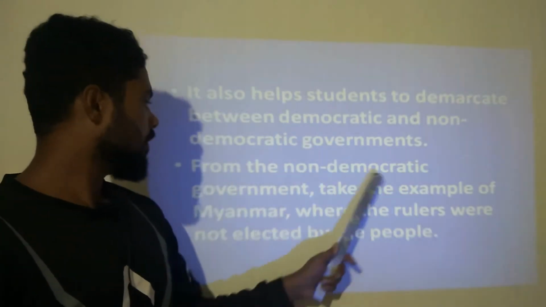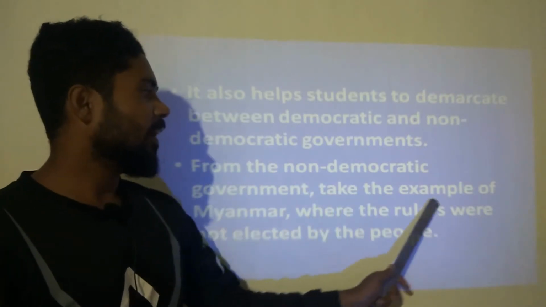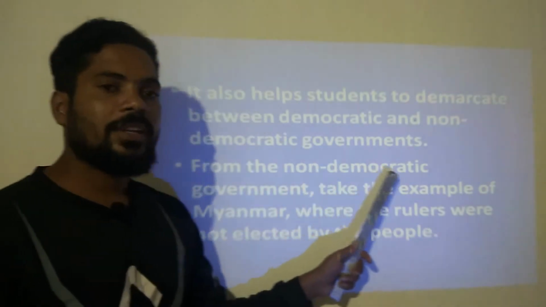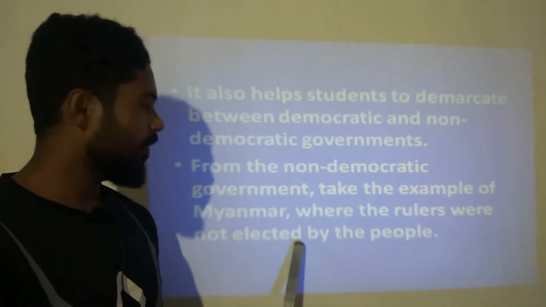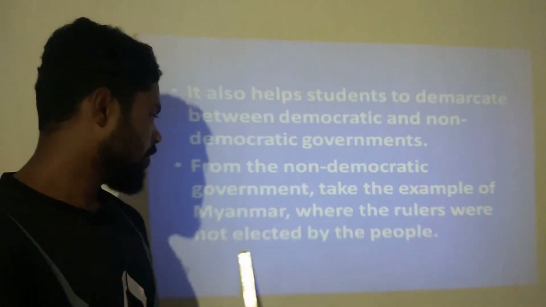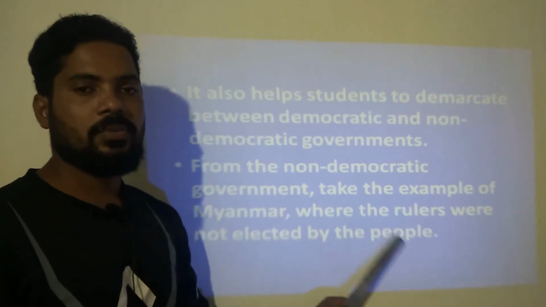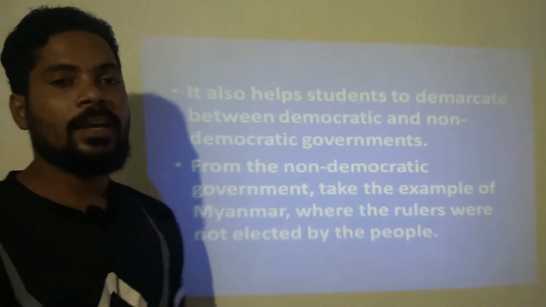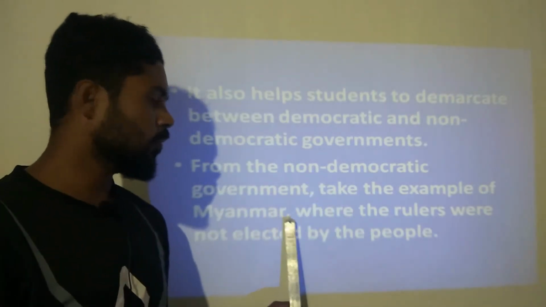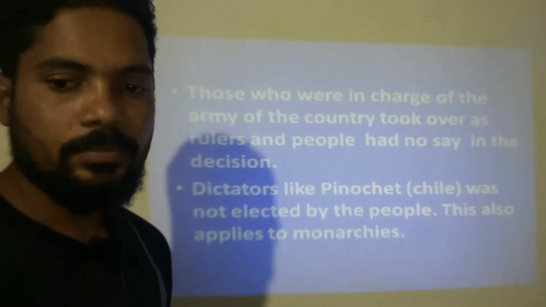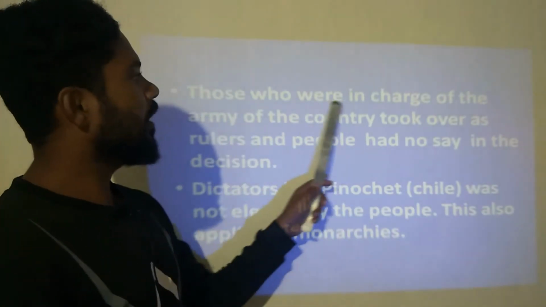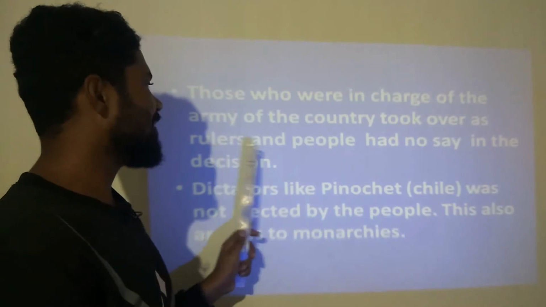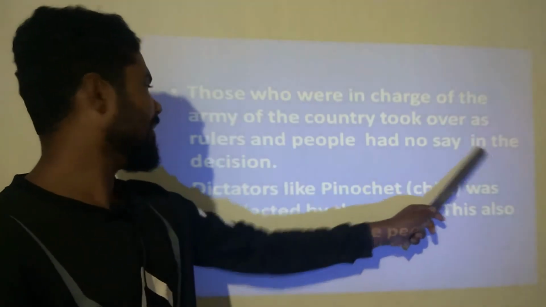From the non-democratic governments, take the example of Myanmar, where the rulers were not elected by the people. How did they come into power? Those who were in charge of the army of that country took over as rulers and the people had no say in the decision.